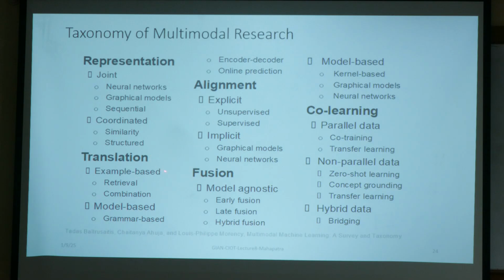Then translation: retrieval, combinations, model-based or example-based. Then alignment: explicit, implicit. Fusion: early fusion, late fusion, and hybrid fusion, or could be model-based. This is model-agnostic, as opposed to model-based. And we just discussed co-learning. So it's everything put in one slide.